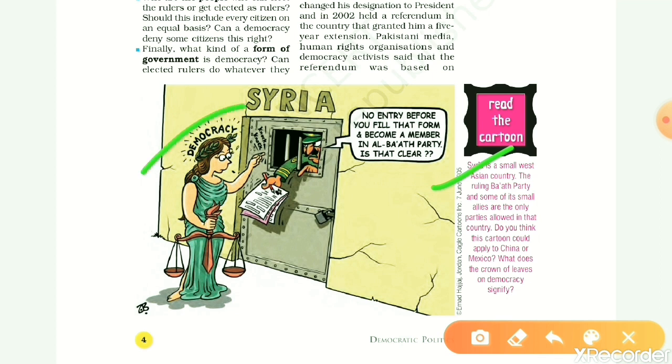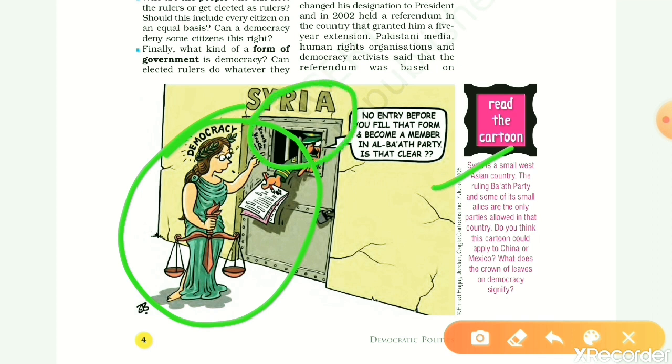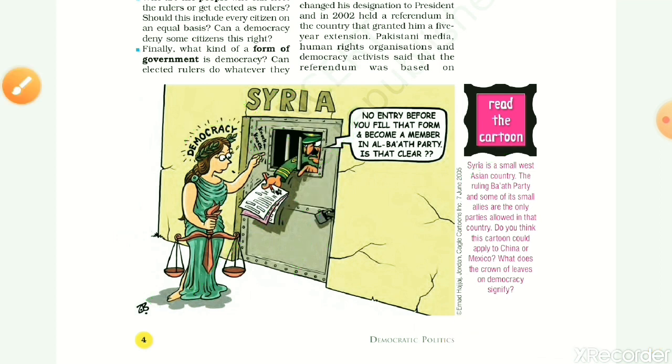So there is democracy, and this is Syria, and this is the gate, and democracy wants to enter. There's a person who wants to say no entry before you fill that form and become a member of the Al-Baath party. And is that clear? He said that. So there's a basic question from cartoons.